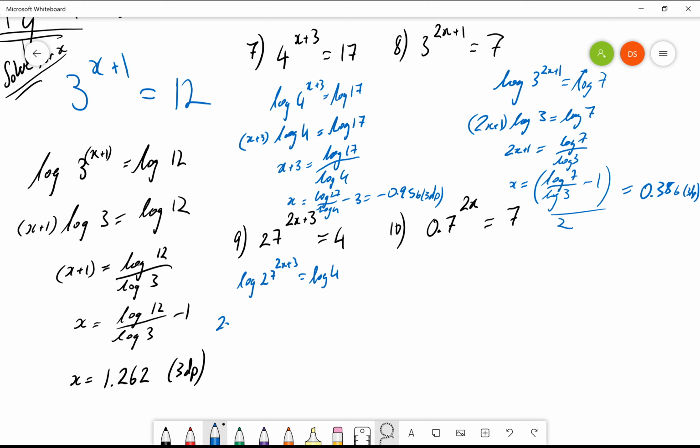I'm going to move this to the front again. Remember, the reason I can move it to the front is because of my log rule. Make sure you check your brackets now. And so I'm going to subtract 3 and divide by 2.